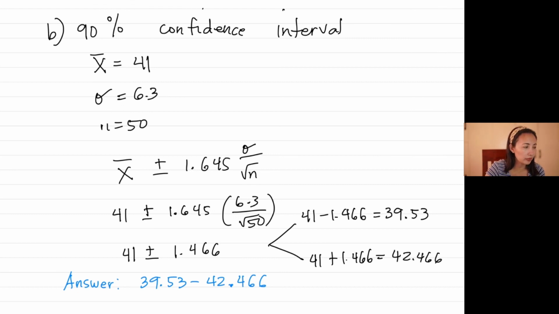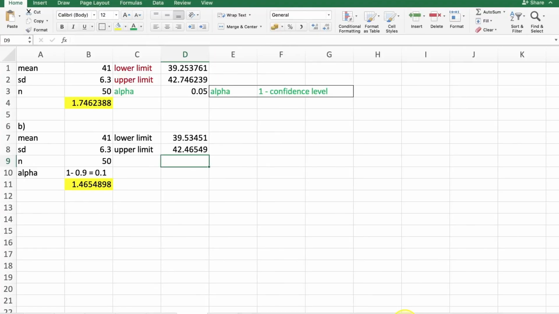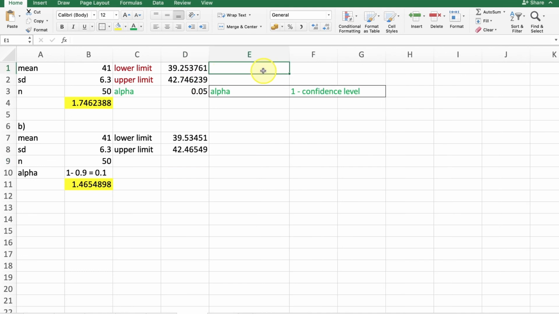Okay, so I was able to show you two solutions, two ways by which we can establish the confidence interval. You can use Excel or you can do it manually. So looking back at our Excel answer, this is for 95%. So the interval is 39.25 to 42.75.